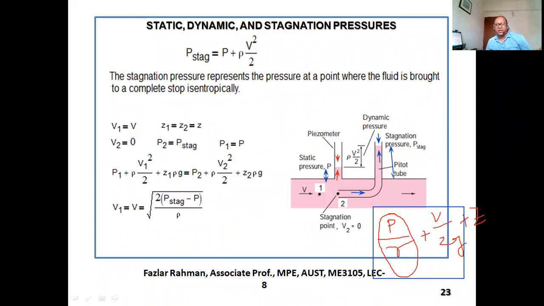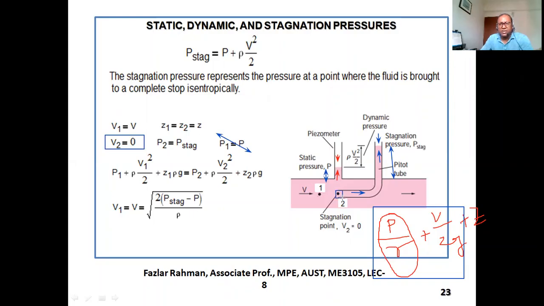Okay. Now, if I apply Bernoulli's equation between point 1 and point 2, at point 1 the velocity of the fluid is V, and Z1 and Z2 are the same at both points. At point 1 the pressure is P, and at point 2 the velocity is 0, because you stop the flow right over here.